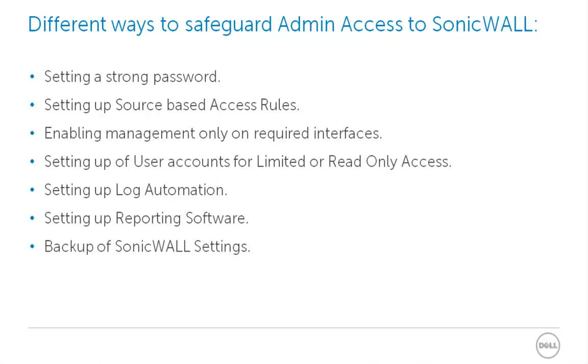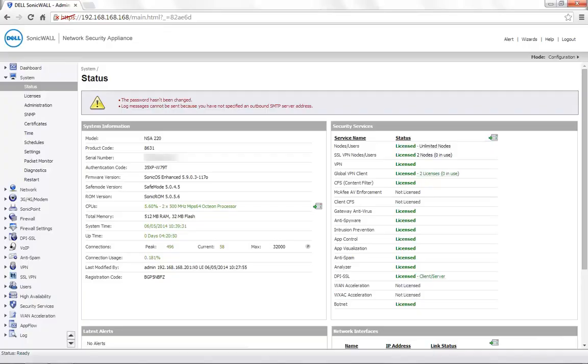And last but not the least, it is always a better option to keep a backup of your settings on a regular basis. Today for demonstration, we are using a SonicWall NSA 220 with a firmware version 5.9.0.3.